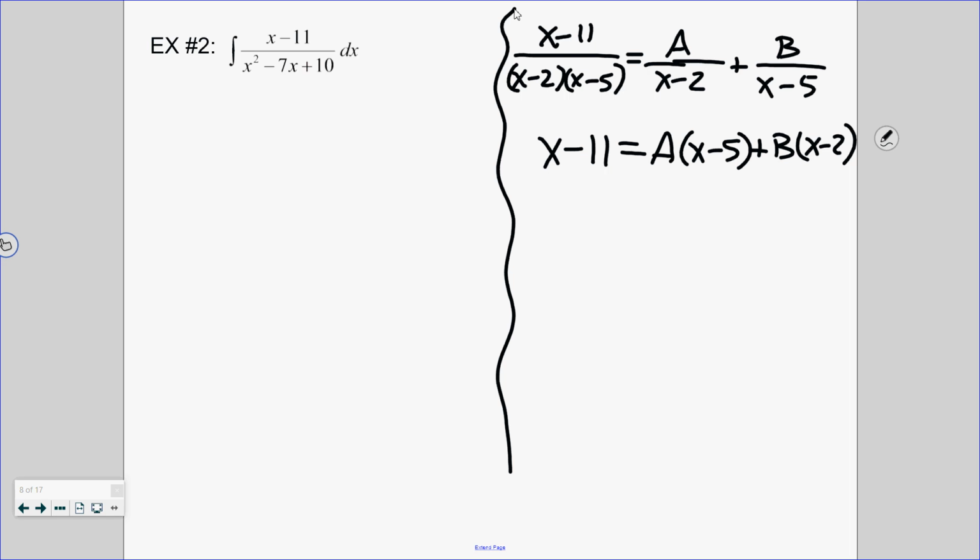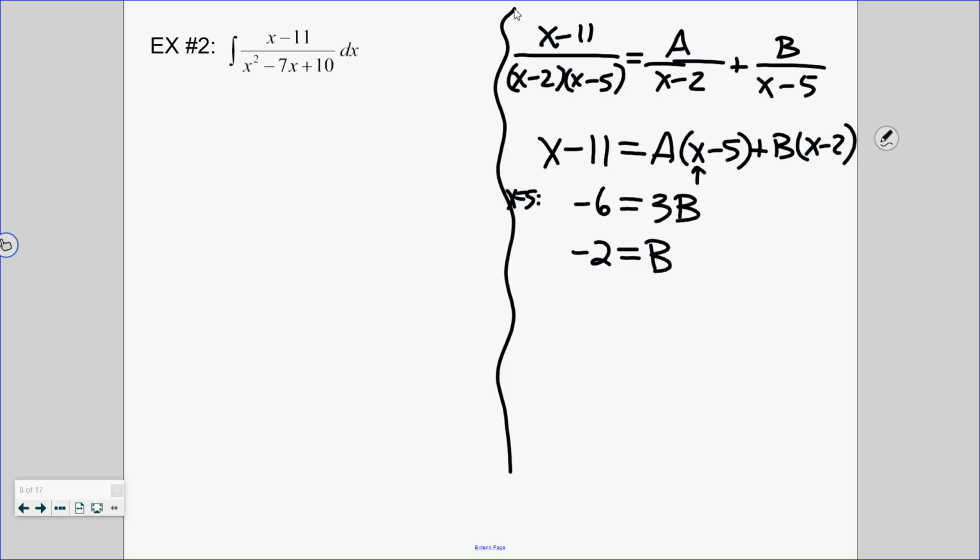So the first thing I want to do is let x equal 5. If x is 5, don't forget the left-hand side has something now. So if x is 5, we're going to get 5 minus 11, which is negative 6. This term will be 0 because 5 minus 5 is 0. So you'll have 5 minus 2, which is 3. So you'll have 3B, so B equals negative 2.